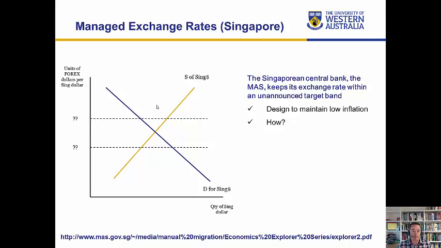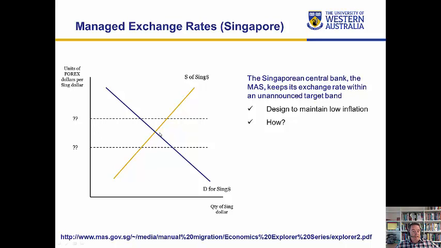Import prices fall by 30%, and we could then expect that to contribute to quite strong deflation. And if the appreciation was large enough, Singapore could actually get into a situation where inflation becomes negative or they actually experience deflation. If you still don't understand why deflation is a problem, I urge you to do some reading about that.